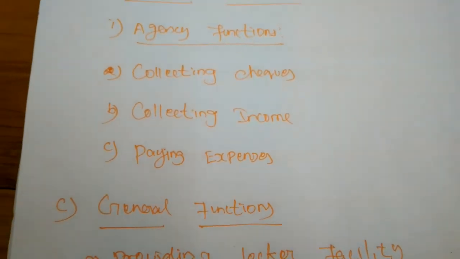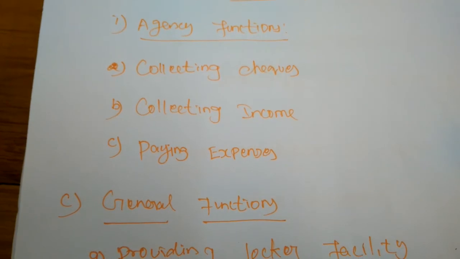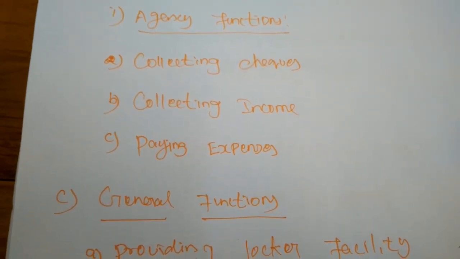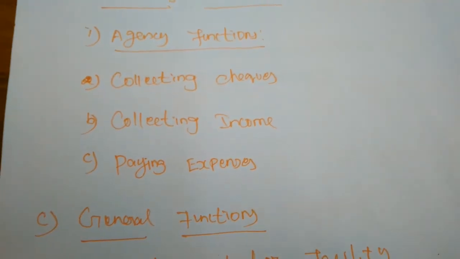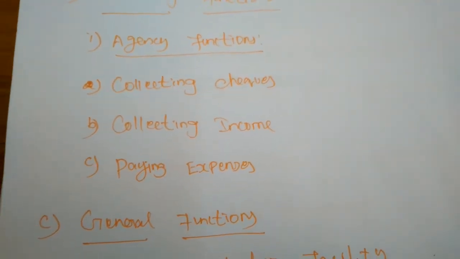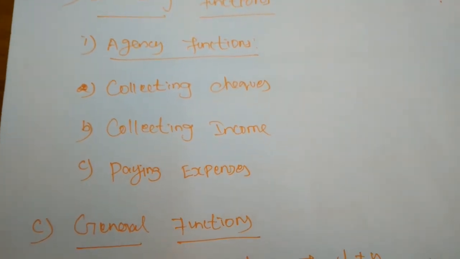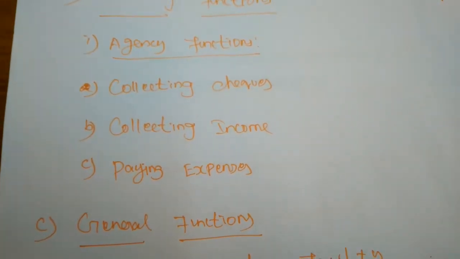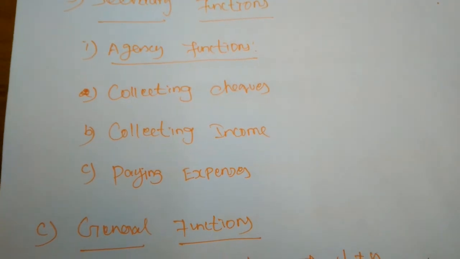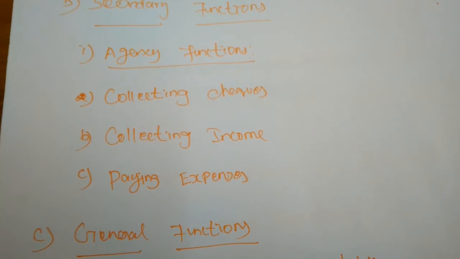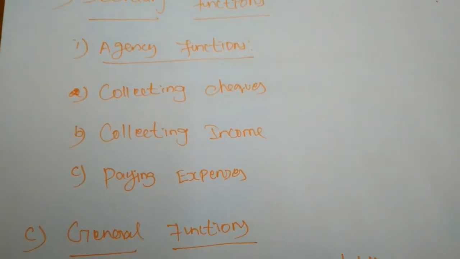The commercial banks make payments of various obligations of customers such as telephone bills, insurance premiums, school fees and rents. Suppose we have an account, that is enough, and if we ask the bank to pay every fee and penalty instead of the customers, they will do it for them.